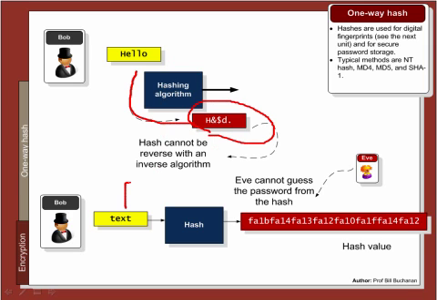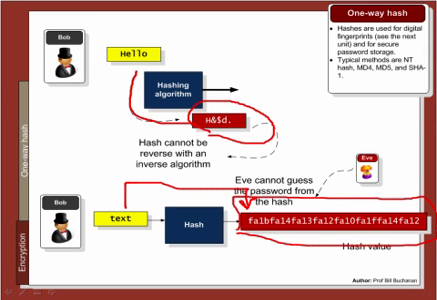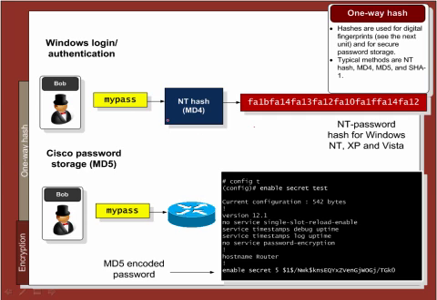So in this case we take the text, and Eve cannot work out what the actual original text was. Typical algorithms are MD4, MD5 and SHA1. It's typically used, as we'll see in the next unit, to create digital fingerprints and in secure storage of passwords.